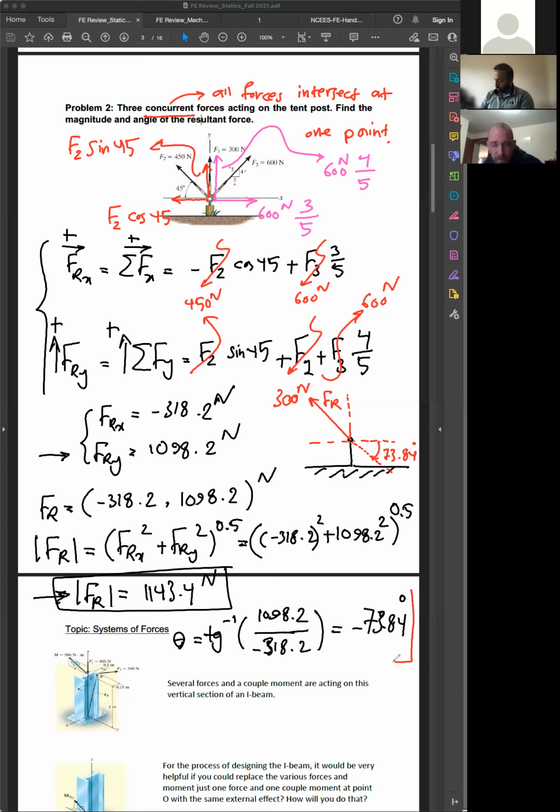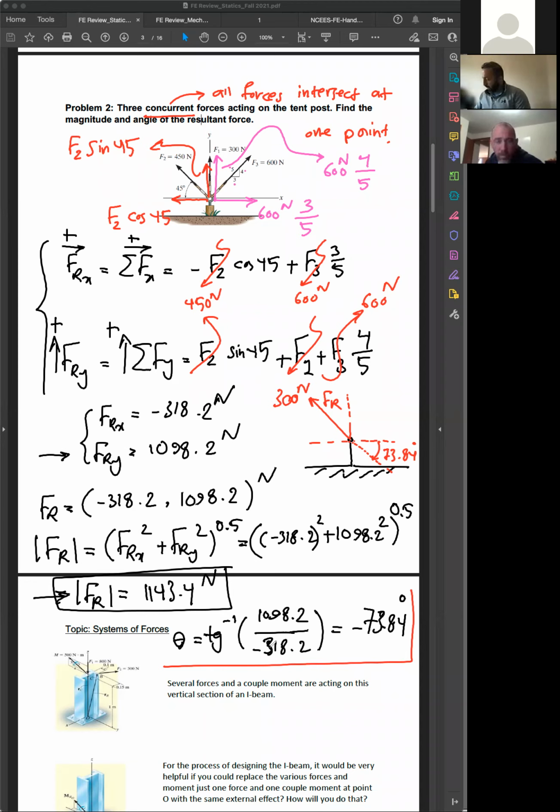Hey, Dr. Soltani. Yes. I could be doing something dumb, but how did you get negative 318? Because the x component was negative, and you take the arctangent of that, it would be negative, right? I got positive 41.8.